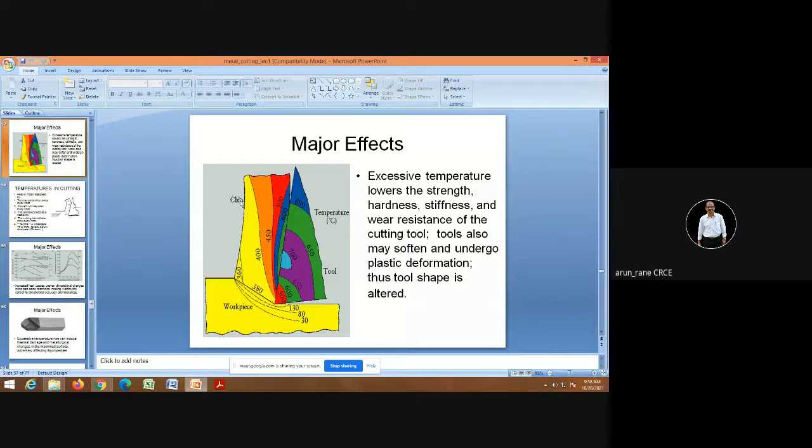Adaptable machining means it measures the machining temperatures and the cutting forces, and it adapts to the situation. Suppose if the forces are more, then automatically it reduces the speed or feed of the tool. And it also gives indications.